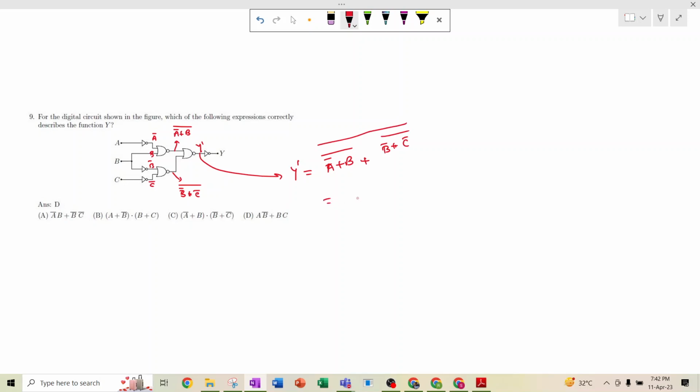So if we simplify this thing, A bar plus B whole bar, and bar, multiplied with B bar plus C bar whole bar, and bar.